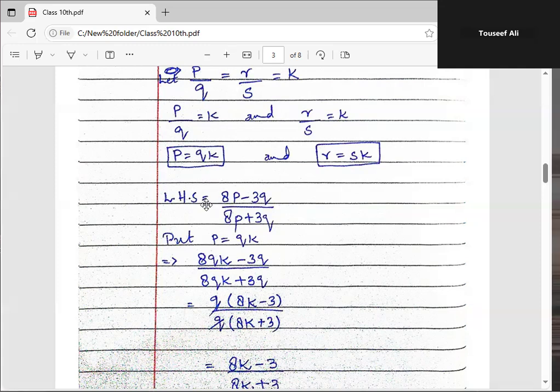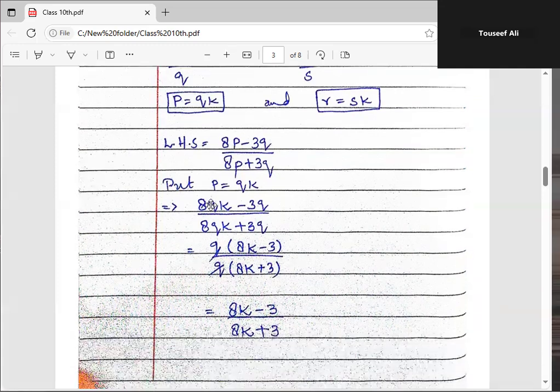First we consider the left hand side, which is 8P minus 3Q divided by 8P plus 3Q. Here in place of P, I put its value, QK, and it becomes 8QK minus 3Q. Q comes as it is because we don't have any value of Q. In the denominator, in place of P, I replace QK, 8QK plus 3Q.